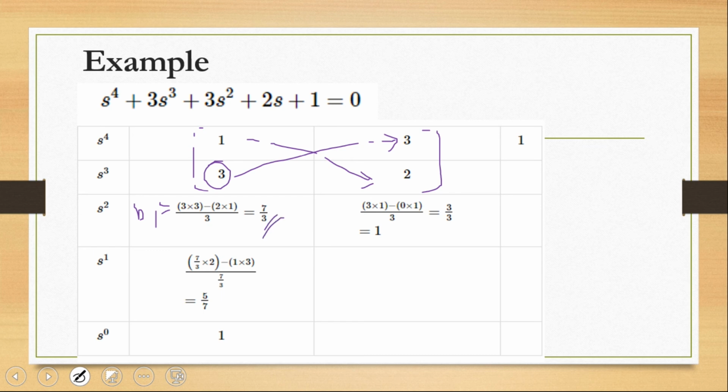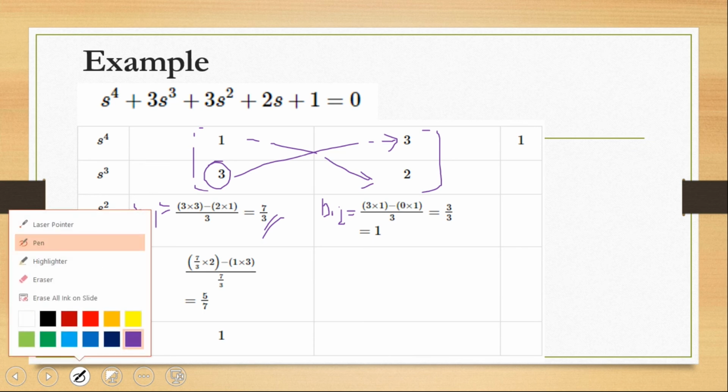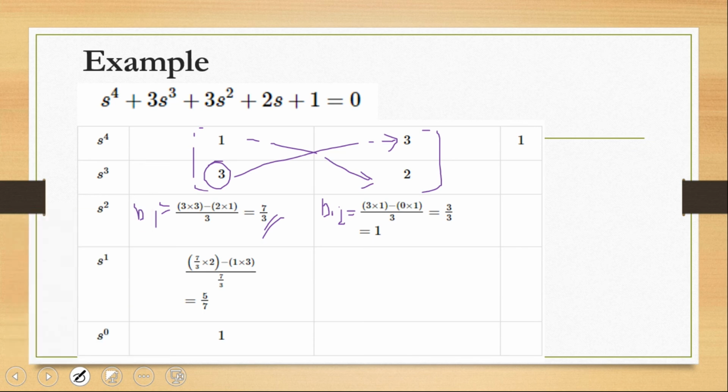Likewise, we calculate B2. B2 is 3 into 1 minus 1 into 0 divided by 3. So we get B2, which is 1.